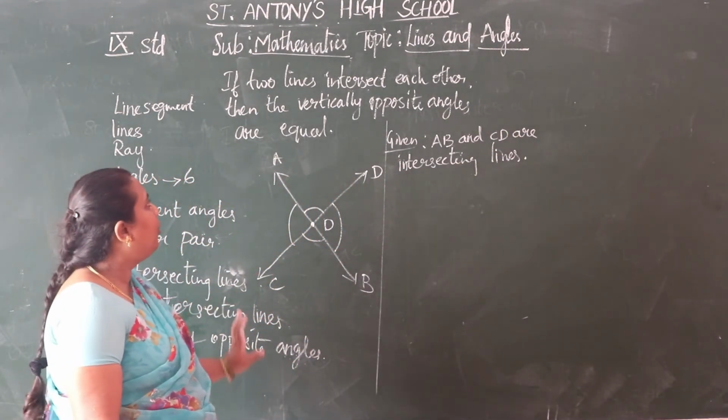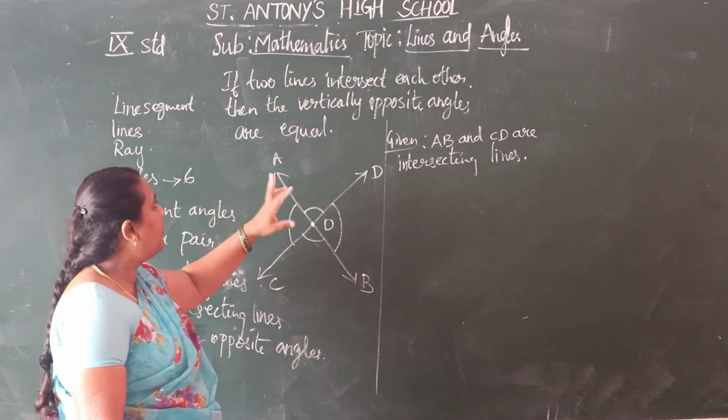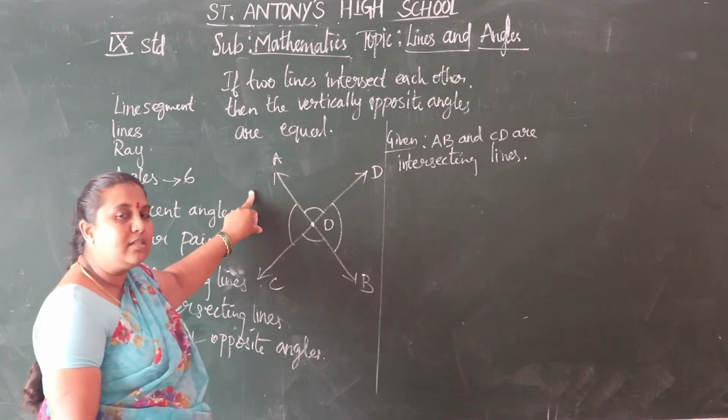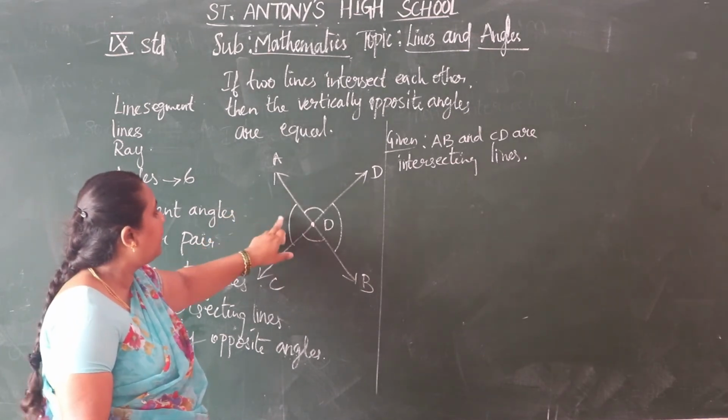What do we want to prove here? That the vertically opposite angles are equal. What are the vertically opposite angles in the given figure?